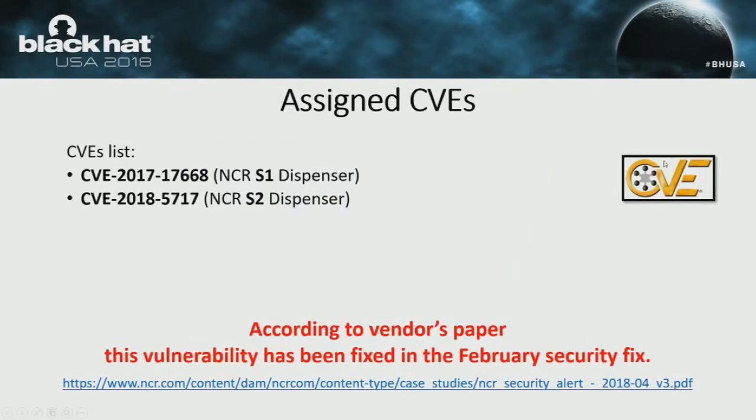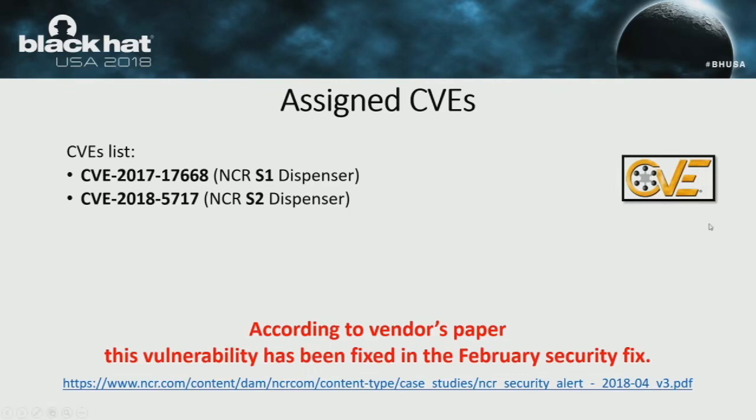After we assured ourselves that the vulnerability really allows to execute arbitrary code and issue the money, the report was sent to NCR last December. The research was done on the basis of the S1 controller, but later it was confirmed for S2.